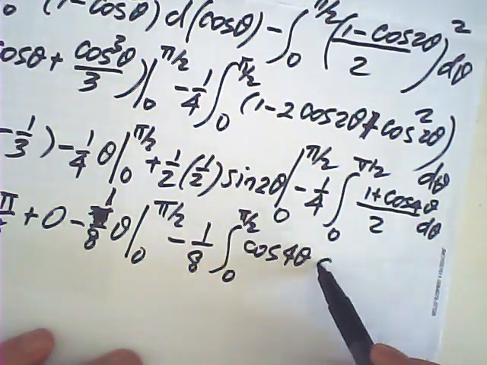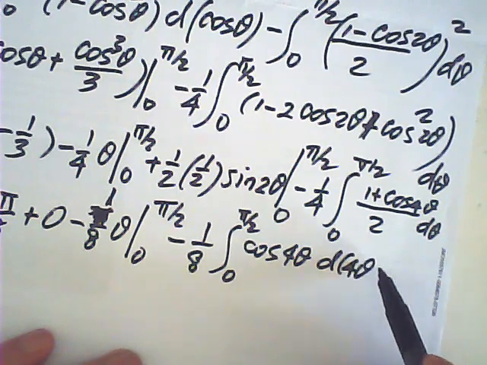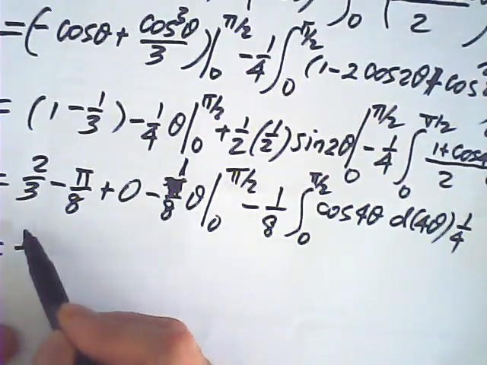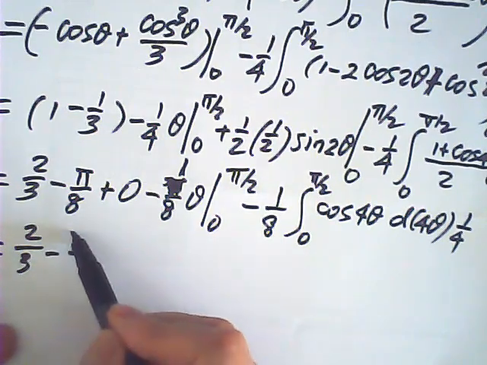I change it to d4 theta, right? Times 1/4. Well, this is equal to 2/3 minus 1/8 pi.